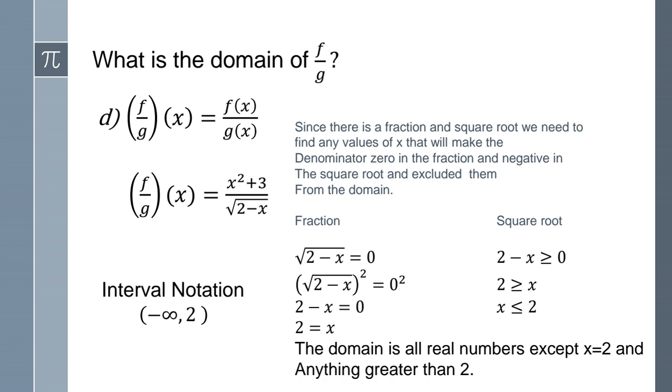Then I'm going to subtract 2 on both sides, then multiply by negative on both sides, which is going to give me x is equal to 2. So again, there's 2 ways of doing that. This is doing it just with our fraction, but we have our square root, right? Our square root is going to be all these values from negative infinity to 2 for our interval notation.